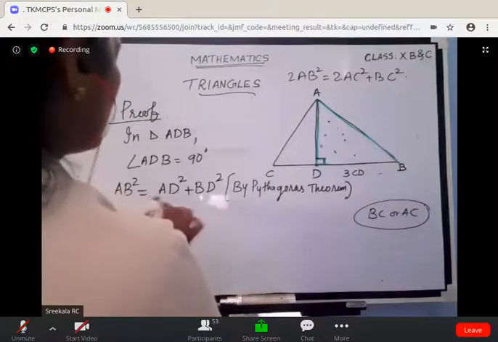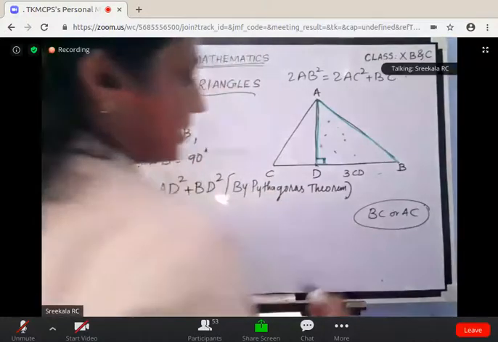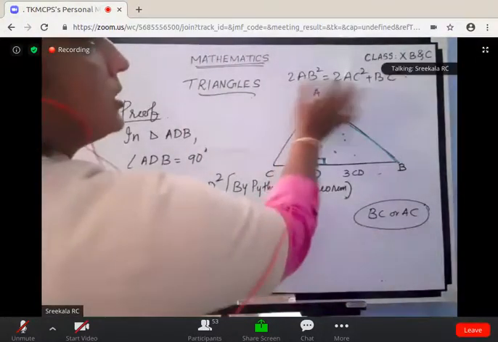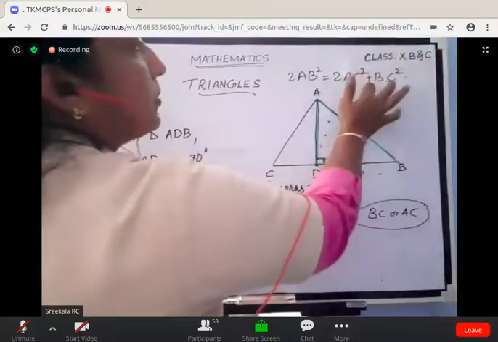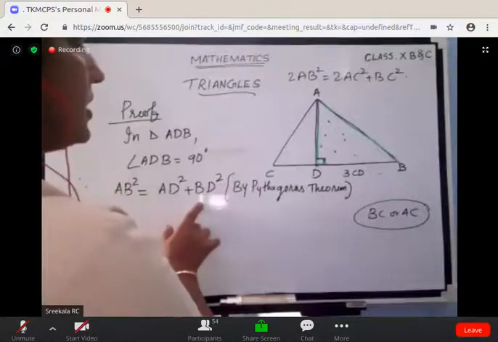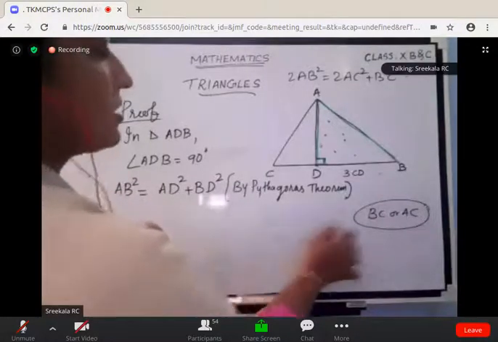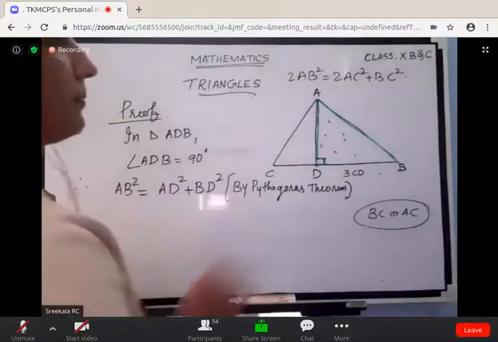Check what we have to prove, and according to that we continue. So AB square equals AD square plus BD square. Change this to BC or AC. So how can we get BC, AC or AB?